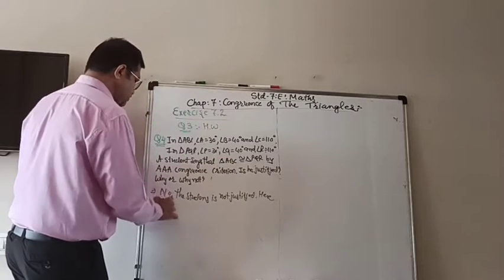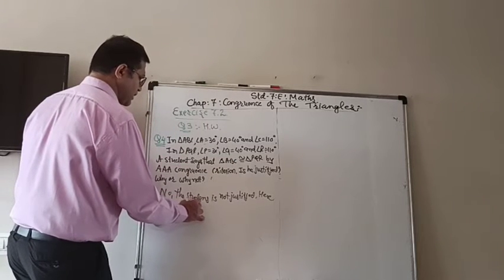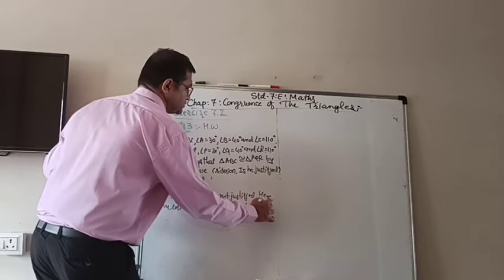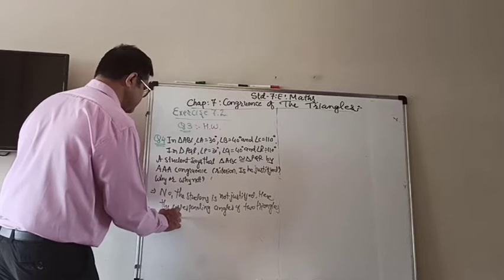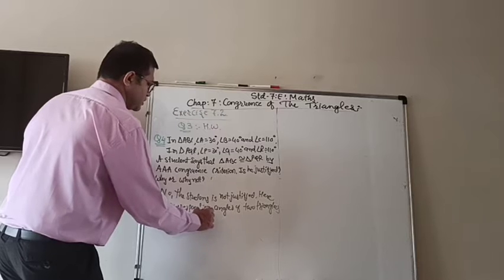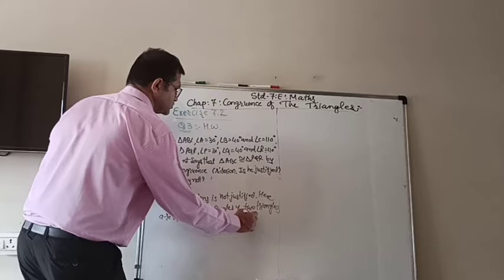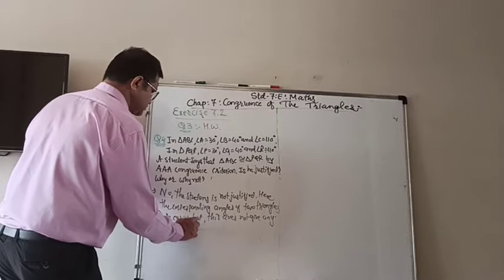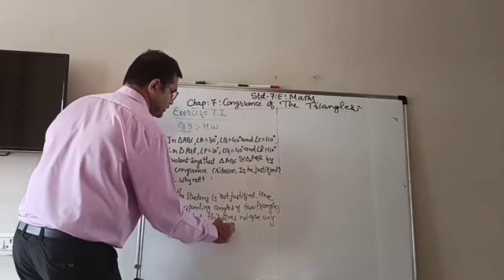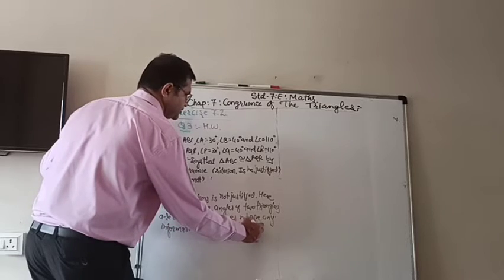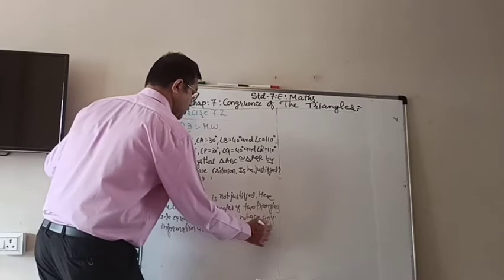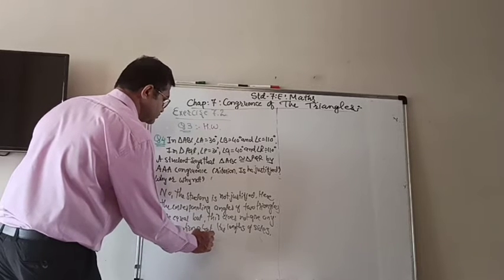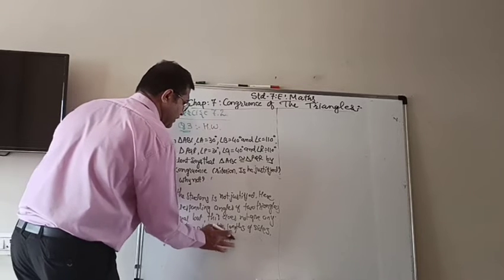Here, the corresponding angles of two triangles are equal, but this does not give any information about the lengths of the sides. Sides can have different lengths also.